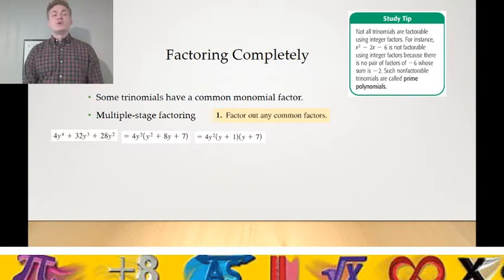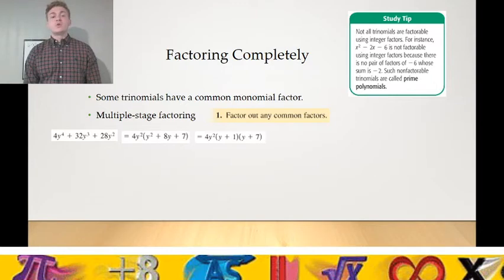Negative 1 cubed is negative 1, times 32 is negative 32. Negative 1 squared is 1, times 28 is positive 28. Therefore, 4 minus 32 is negative 28, plus 28 is 0.